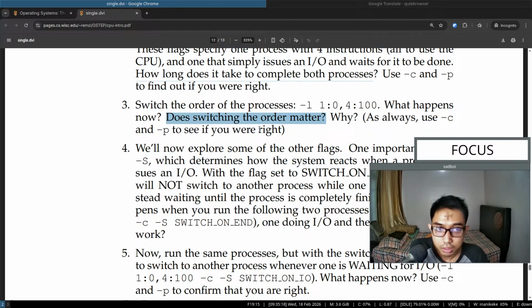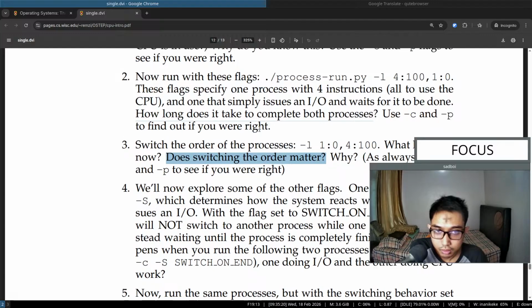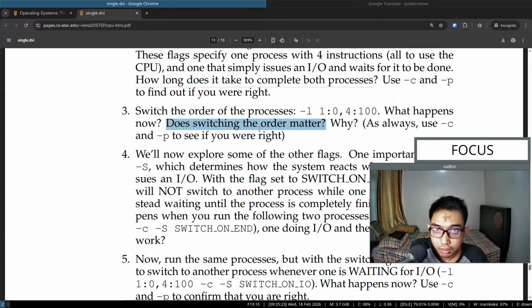So switching the order matters because while waiting for the input-output, if it is the first process, we can run the other process.